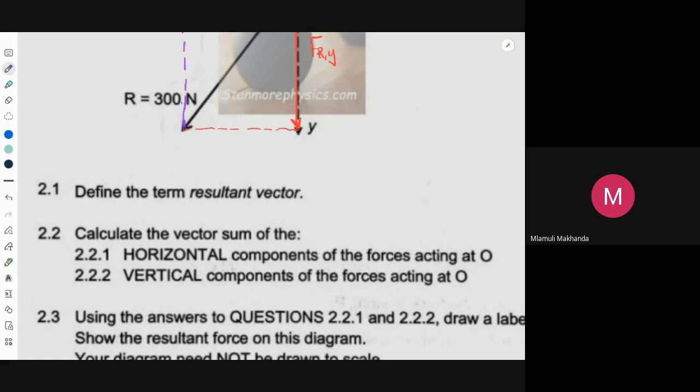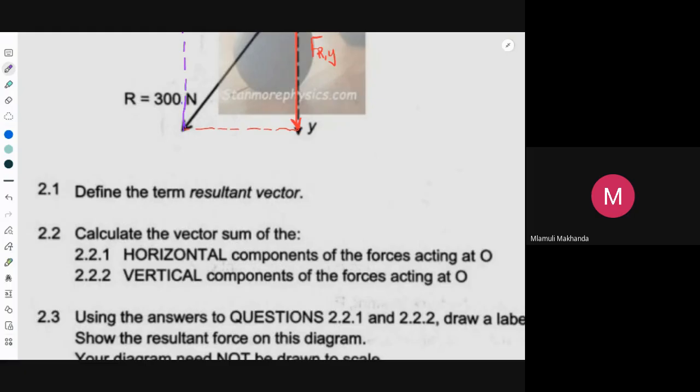If you remember what we said about resultant vectors, for every definition in a physics paper or any other paper you might write in high school, make sure you know all of your definitions before the exam. You simply list them down and memorize them. That's the quickest hack, especially if you're into calculations too much.